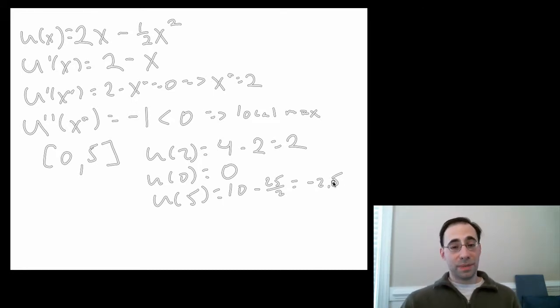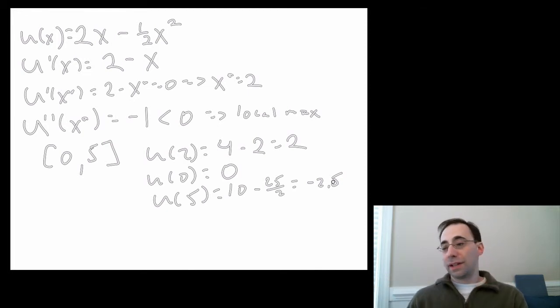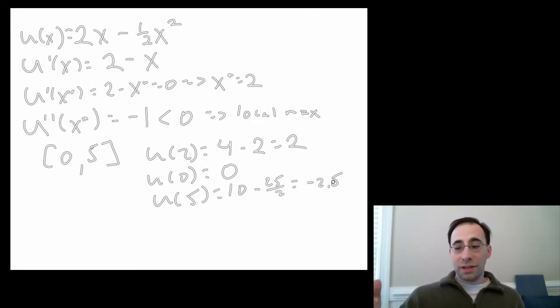Clearly, 2 is the biggest of those, so 2 is not only the local maximum, it's the global maximum. And in general, if the function is globally concave, then it's easier to transition from local maximum to global maximum. You're going to find the true maximum at the local maximum of a globally concave function. So that's the first example. And we can change the bounds all we want. Whatever bounds we pick, they're going to have a lower value than 2.